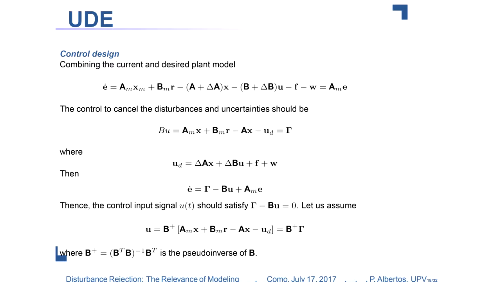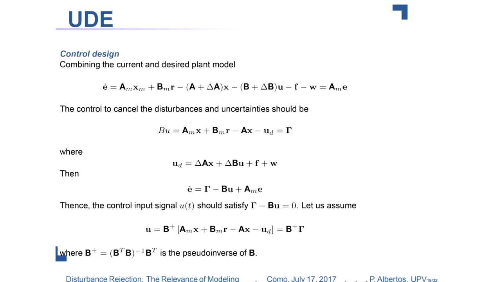If we subtract the model of the plant and the expected model, the design model of the plant, then we reach this error evolution. And in order to cancel the disturbances and uncertainties, the control should be such that BU should be equal to gamma.